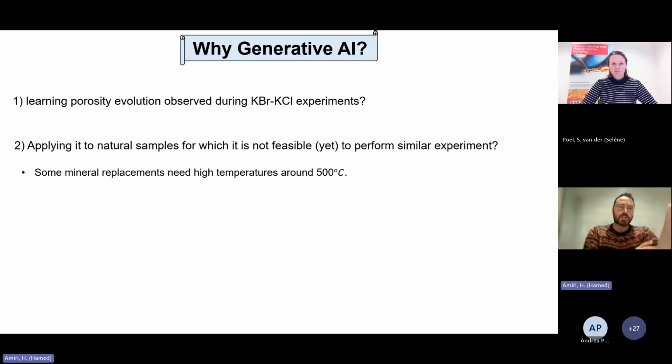The first was that we wanted to see if we can learn this porosity evolution that we observed during the KBR case or experiments, and then see if we can apply what we learned on natural samples, for which it's not yet feasible to perform a similar experiment because some systems and some replacements require very high temperature, and at the moment we don't have a cell with X-ray transparency that can go that high in temperature.